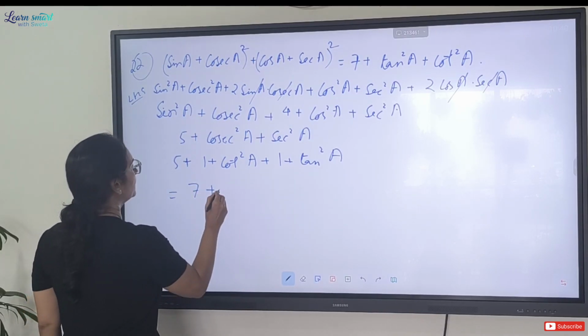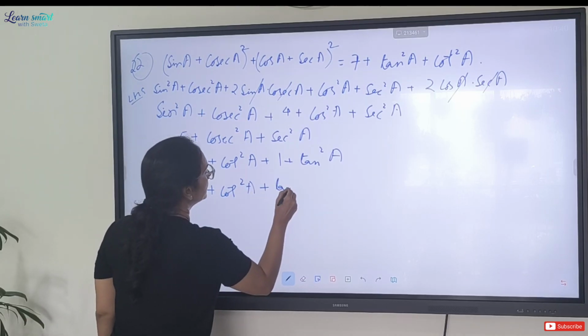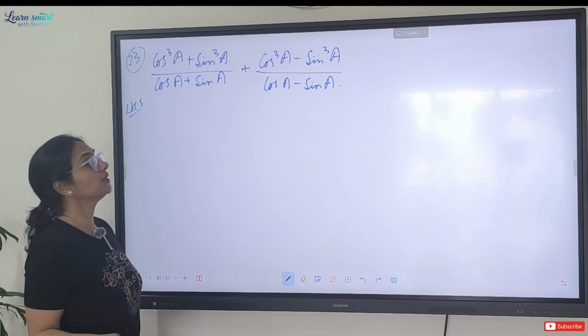So 7 plus cot square A plus tan square A, and we are done.